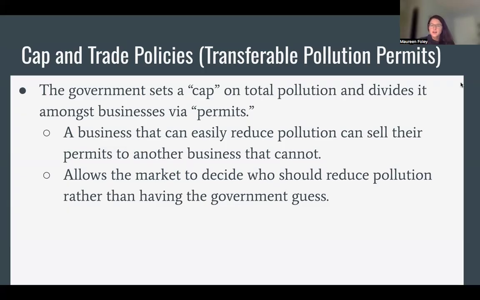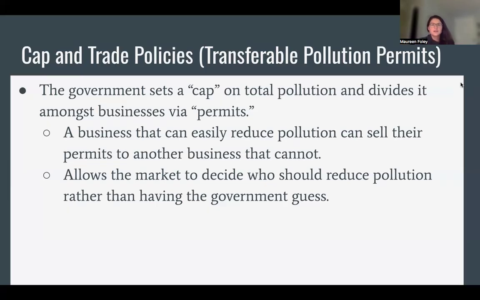This strategy allows the market to decide who should reduce pollution, who it's most financially feasible for and easiest for to reduce pollution, rather than leaving it to the government to guess and say, you get to pollute this much, you get to pollute this much, and you get to pollute this much. It allows businesses to trade with their ability to create pollution.